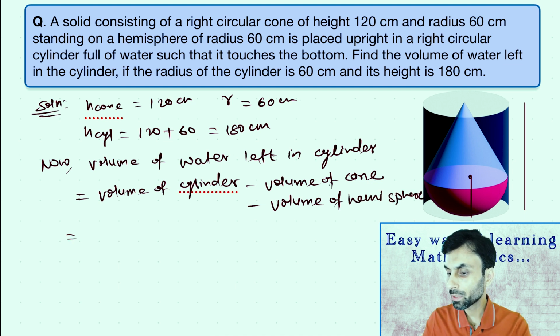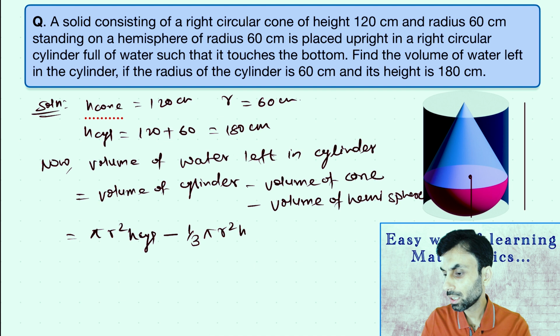In this case, the volume of cylinder will be pi r square height of cylinder, minus volume of cone, which will be 1 by 3 pi r square height of cone, minus volume of hemisphere will be 2 upon 3 pi r cube.